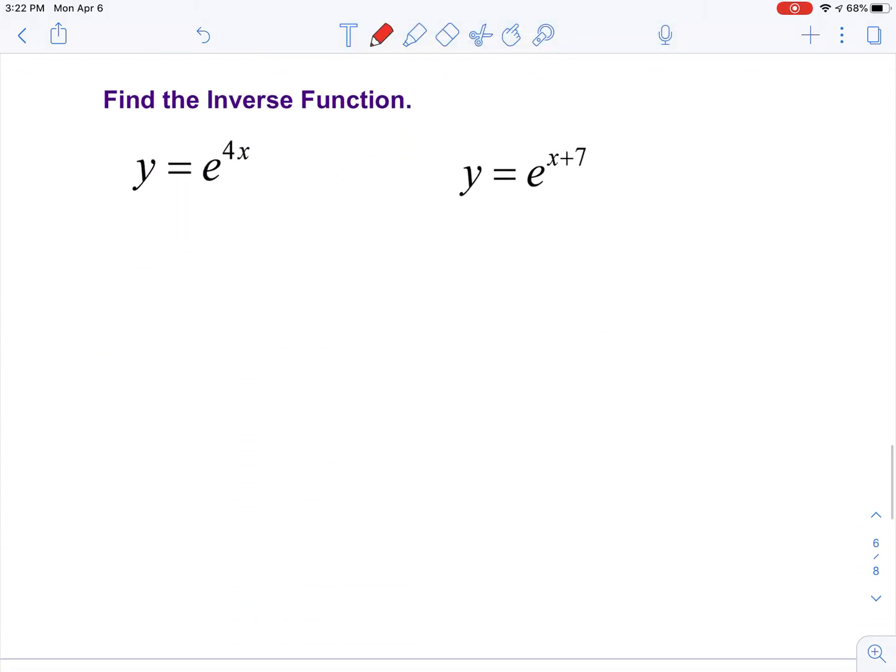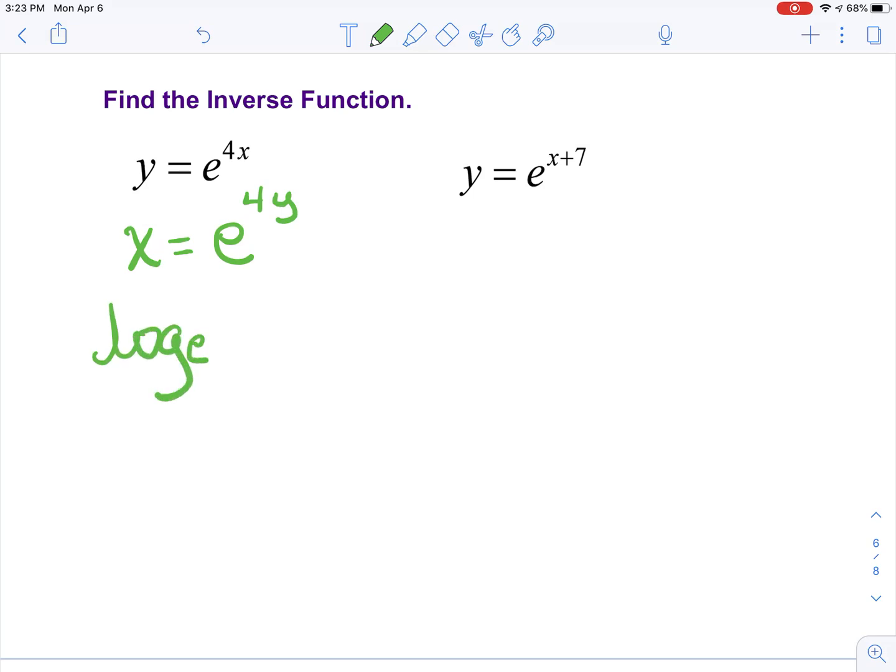Okay, now we're going to find these inverses doing the same thing. First, we switch the x and the y. X equals e to the 4y. So if it's in exponential form and we're solving for y and it's an exponent, it's hard to do. So we're going to have to change this to log form. So we're going to have log, what's my base?